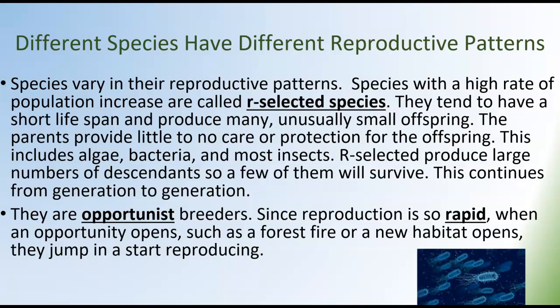If there's a forest fire or a new habitat occurs, let's say you uncover your pool, or maybe the neighborhood put in a new pond or a new landscaping feature. If there's nothing done to that, very quickly you're going to see some of these species, like algae, take over in a very short period of time.